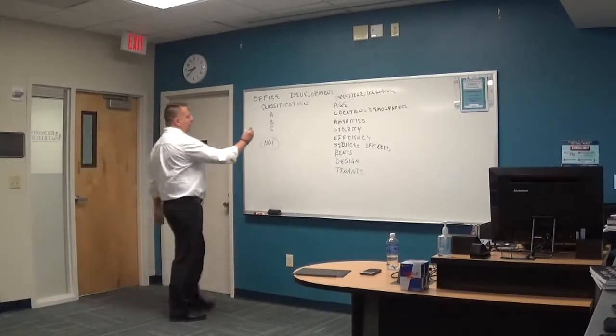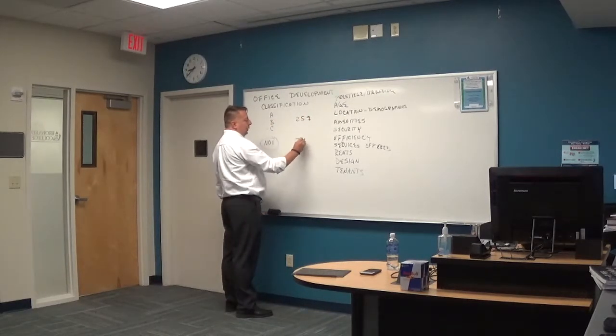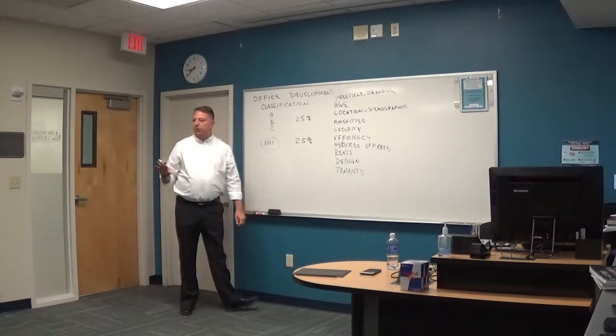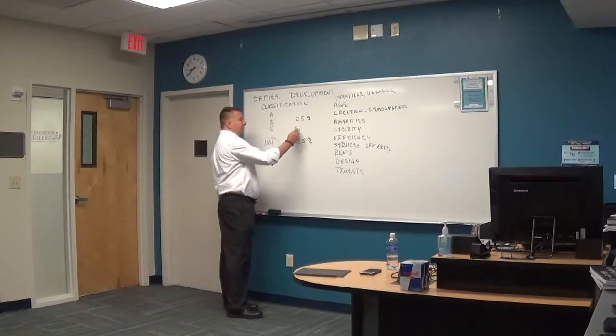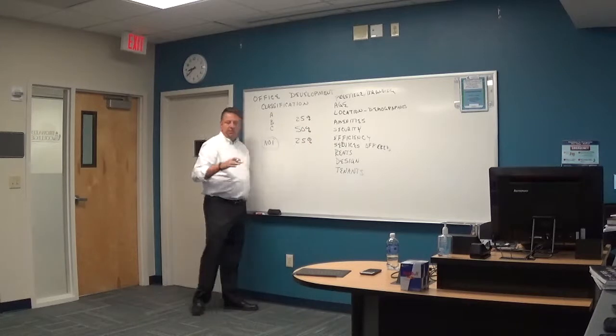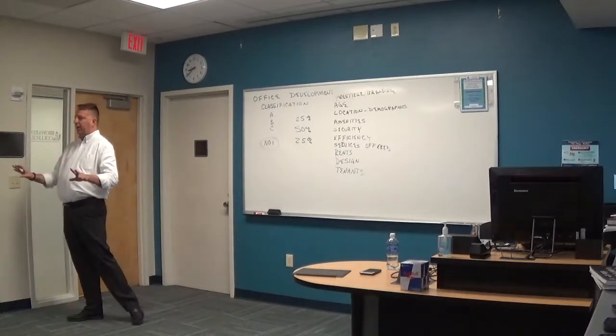So this top 25% is outstanding. The bottom 25% is abysmal in terms of energy performance, just horrible energy consumption. And the middle 50% is okay. Nothing really to get excited about, but just not terrible.